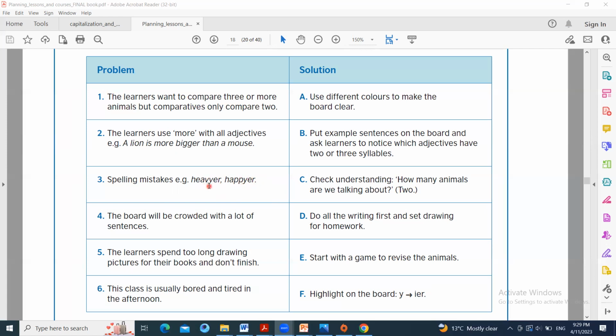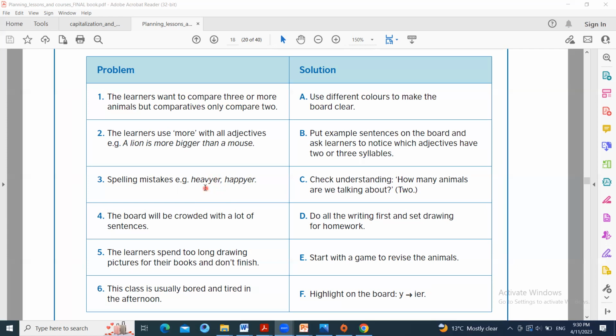With a consonant. You remember the rule here that says when we find Y at the end of some adjective and we want to add ER to it, we should look at what? The preceding sound or letter. Is it a consonant or vowel? In case it is a consonant, we change Y into I, and then we add ER.